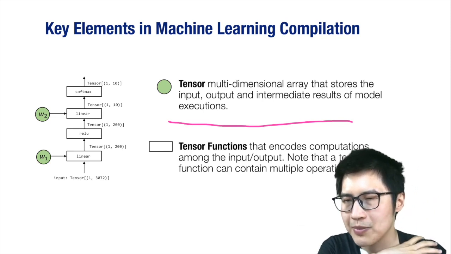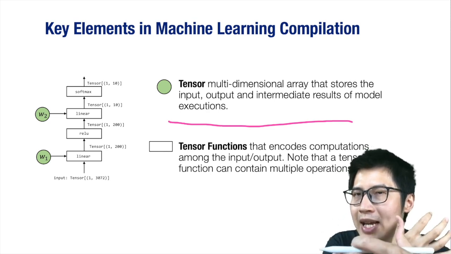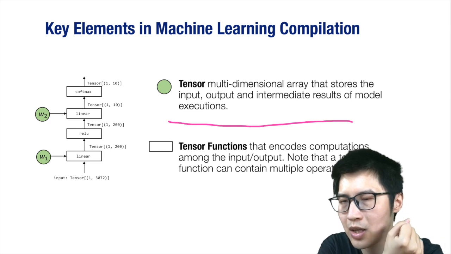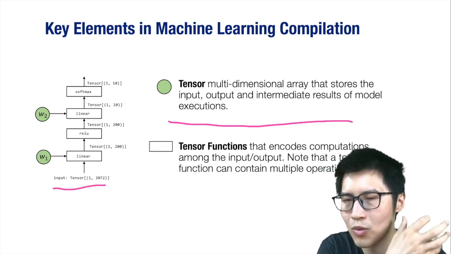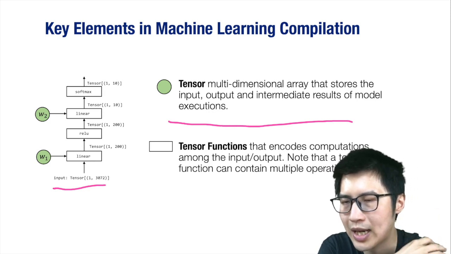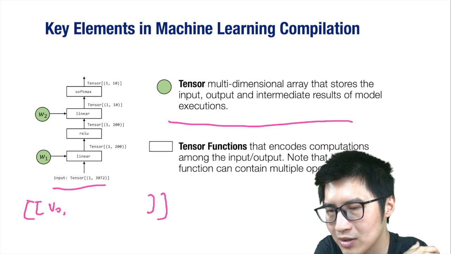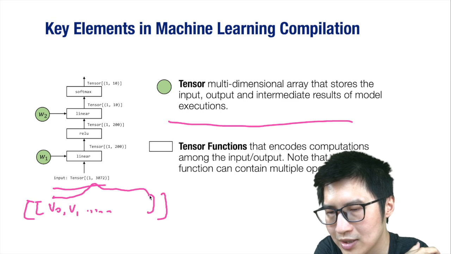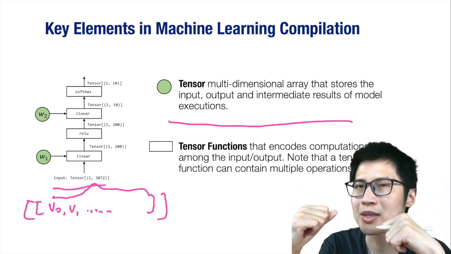For example, in this particular case on the left-hand side, what it represents is a sequence of computations where we have an input tensor that contains 1 by 3072 elements. If you write it out, you have some elements v0, v1, and so on, and there are 3072 of those elements in that input.